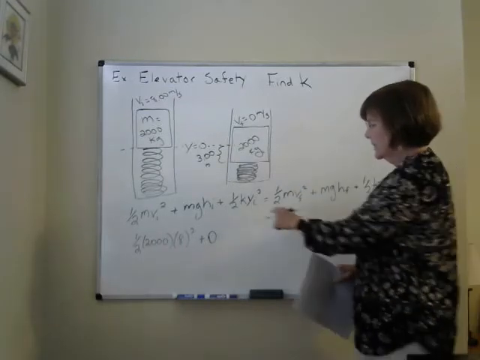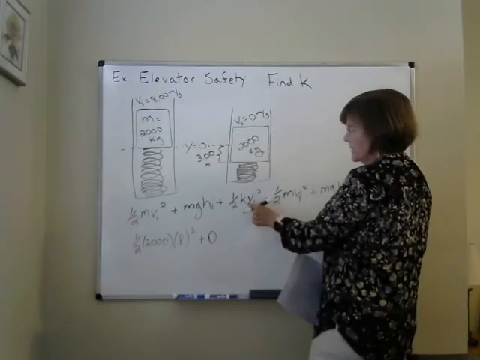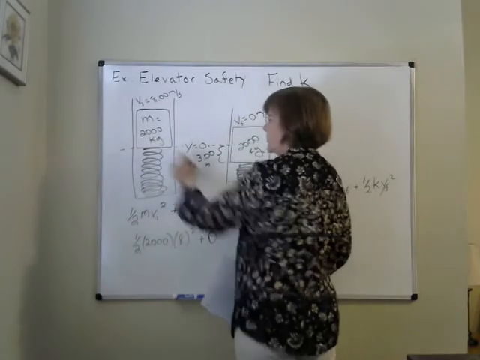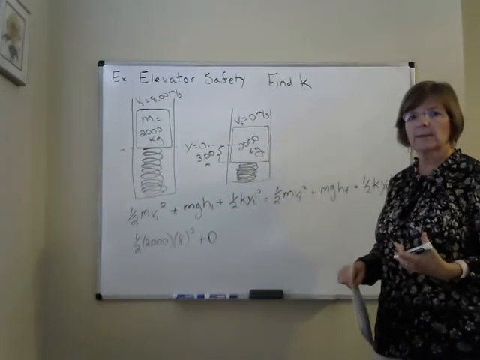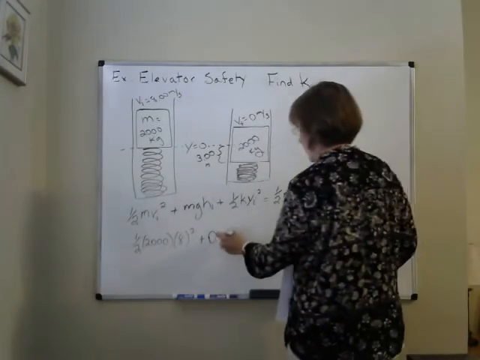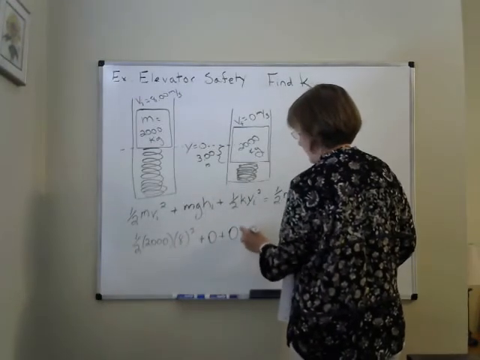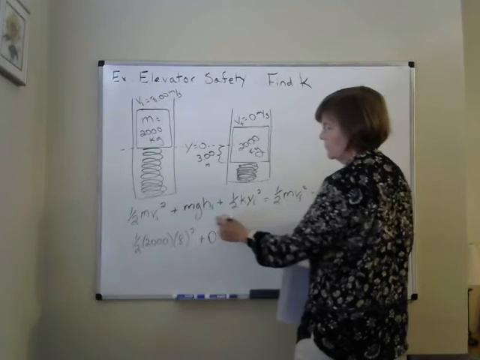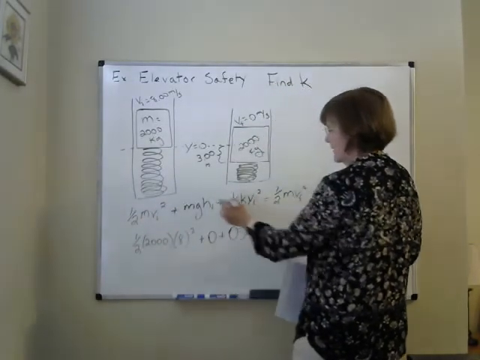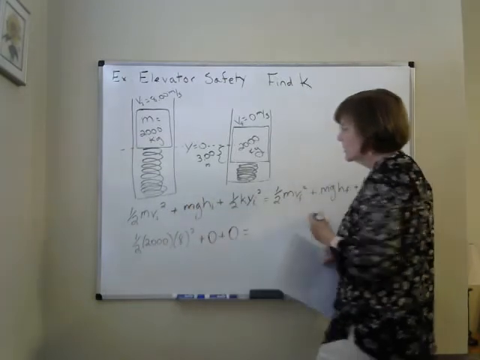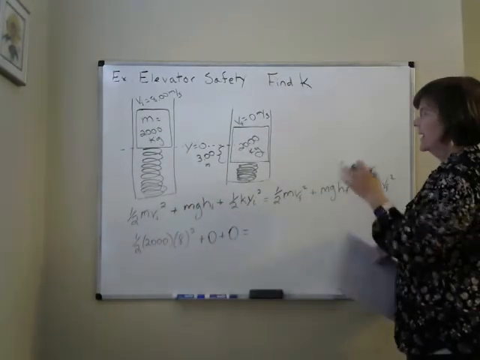Again, this is 0. If our initial position is right here, the spring is not compressed at all. I have no elastic potential energy, another 0. So we really could have written an equation that just said 1/2 m v initial squared and not even needed any of this yet. But we want to look at all 3 types.